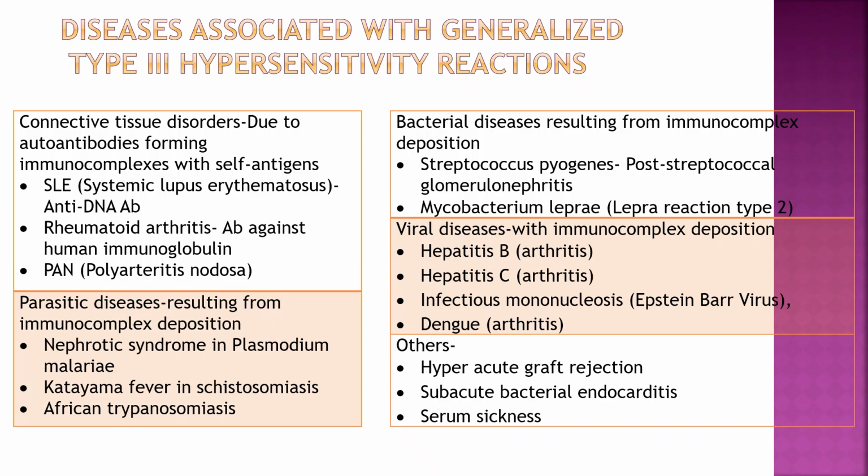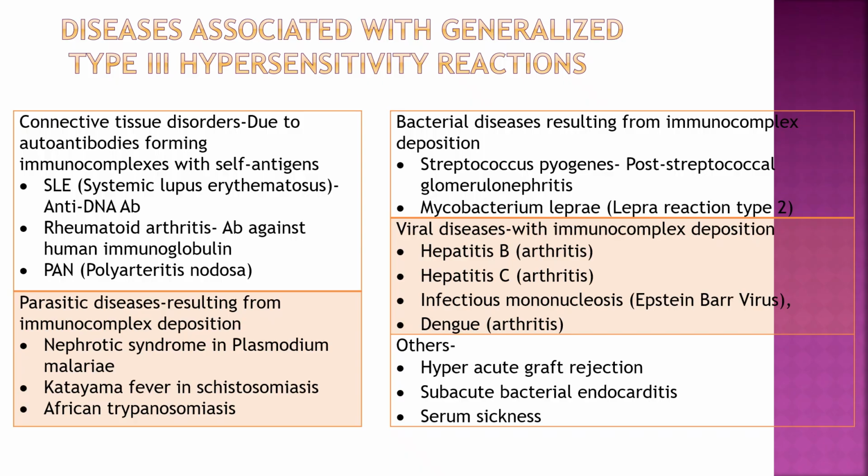Diseases associated with generalized type 3 hypersensitivity reactions: connective tissue disorders due to autoantibodies forming immune complexes with self-antigen, for example SLE, rheumatoid arthritis (antibody against human immunoglobulin), PAN, polyarteritis nodosa. Parasitic diseases resulting from immune complex deposition: nephrotic syndrome in Plasmodium malariae, Katayama fever in schistosomiasis, African trypanosomiasis.